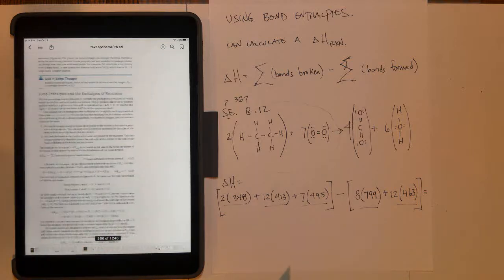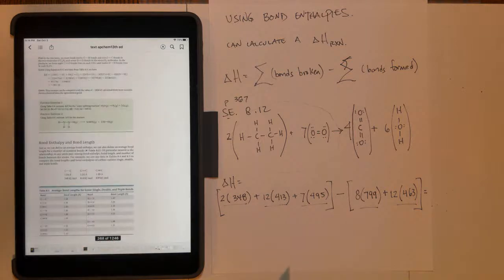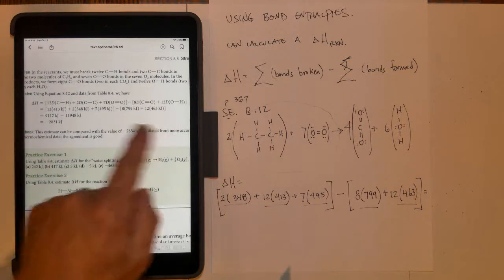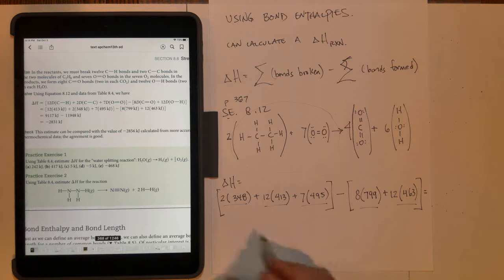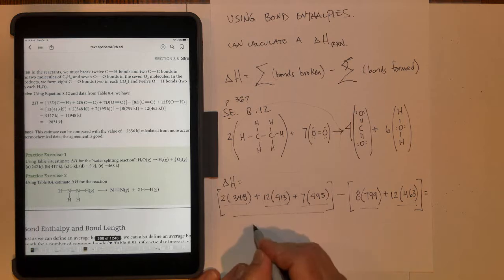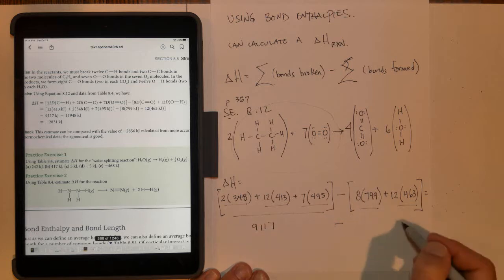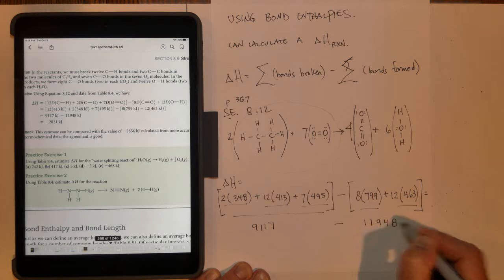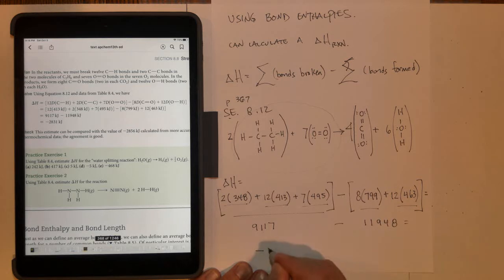Once you do that all on your calculator, then you should end up with some mathematics that looks like this. This side, it looks like, adds up to 9117 kilojoules. This side, it looks like it adds up to 11948 kilojoules. And so we end up with a negative 2,831.